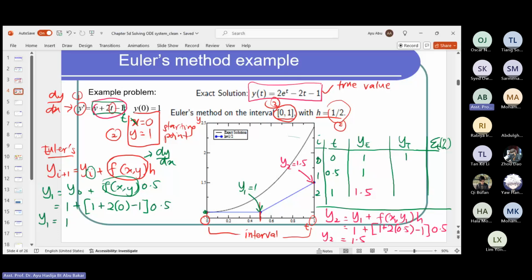What do you get for your second true value over here? 1.297.